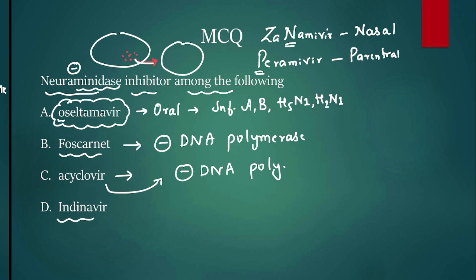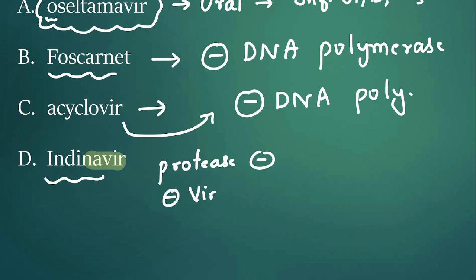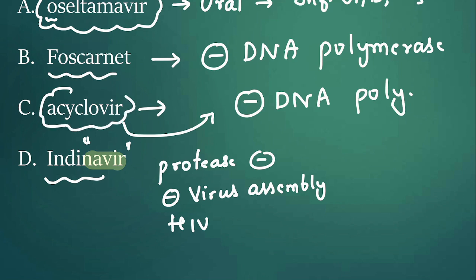And indinavir, remember, anything ending with navir, they are protease inhibitors. And what do they do? They inhibit virus assembly. And where are they used? Protease inhibitors, navirs, are used to manage HIV. And you all know acyclovir is the drug of choice for herpes simplex.